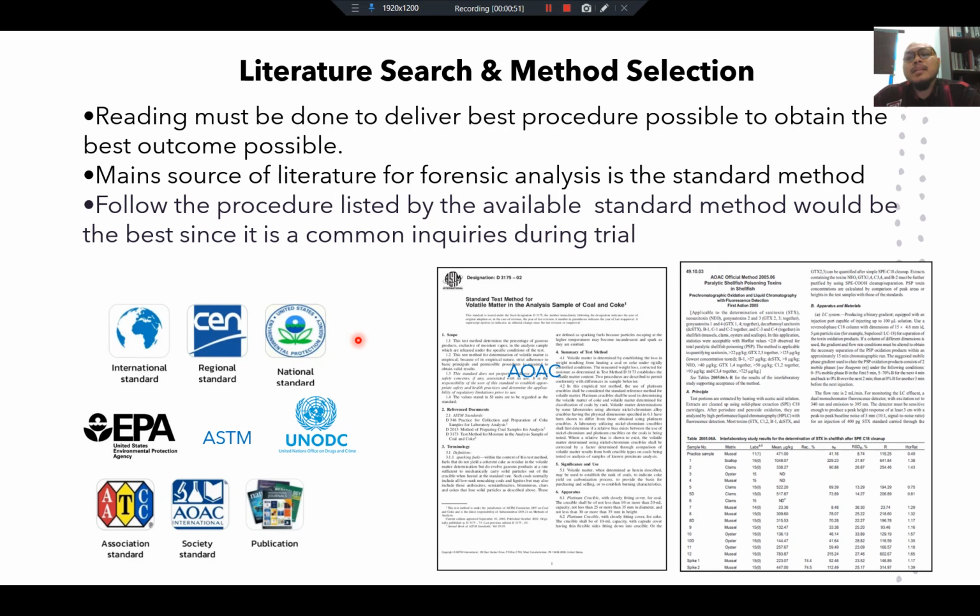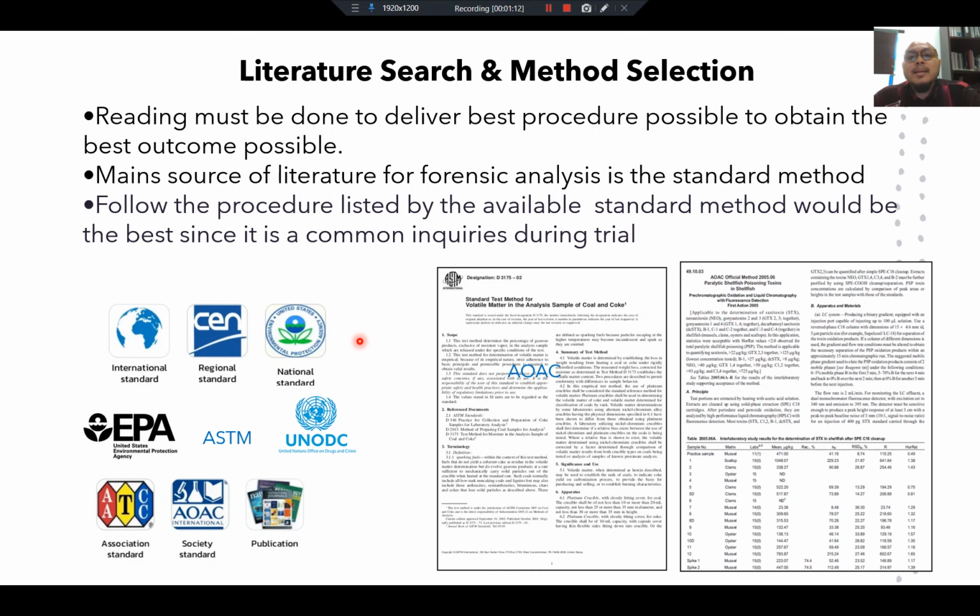The standard method is superior compared to the textbook, more superior compared to the journal, and far better compared to, for example, obtaining information from a mere website. That's why the standard method is really important.